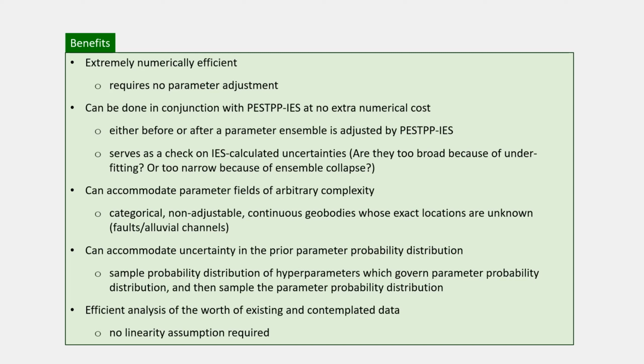Therefore, we can inquire into the ability of different types of data to reduce the uncertainties of predictions that we care about. The whole process is non-linear. There's no linearity assumption here. And it can be undertaken very quickly because of how quick the conditioning of the statistical model can take place using either of options 1 and 2 that we just described.